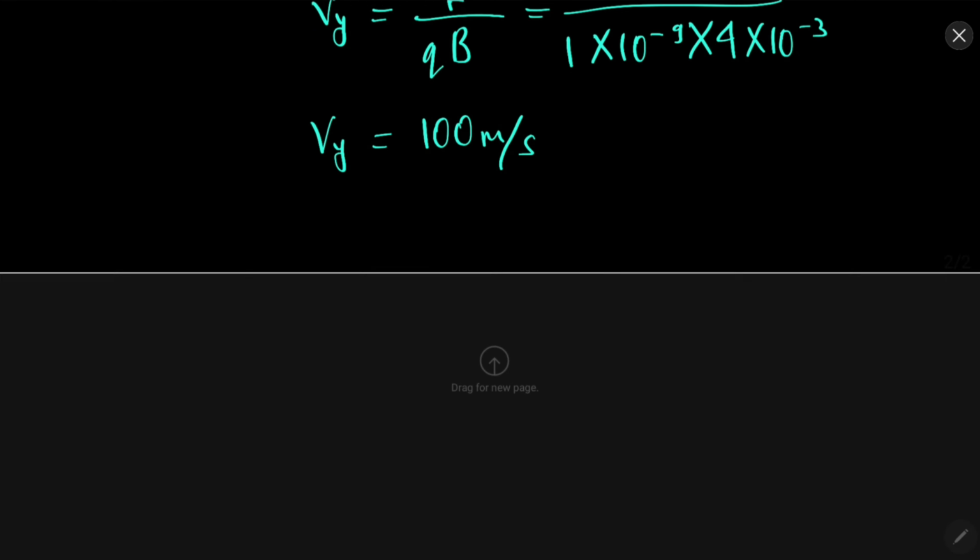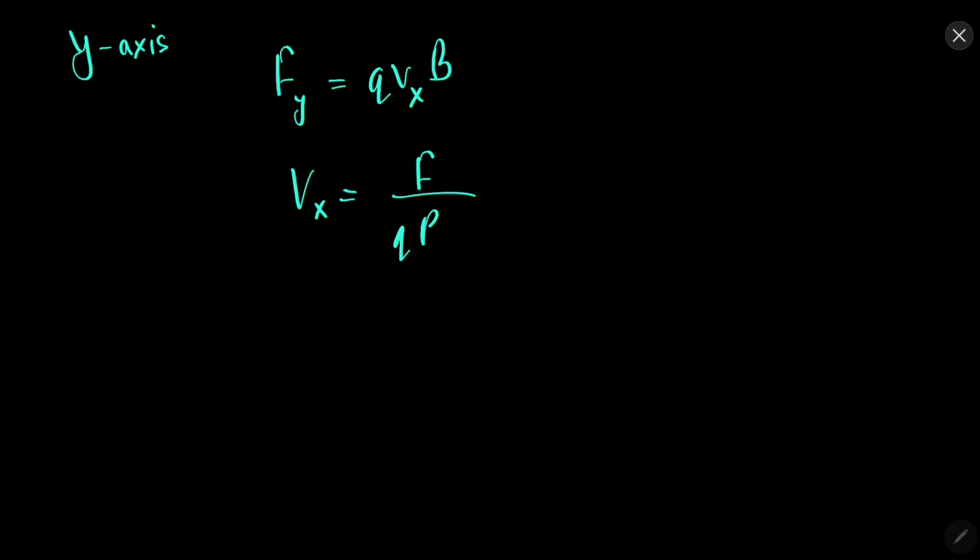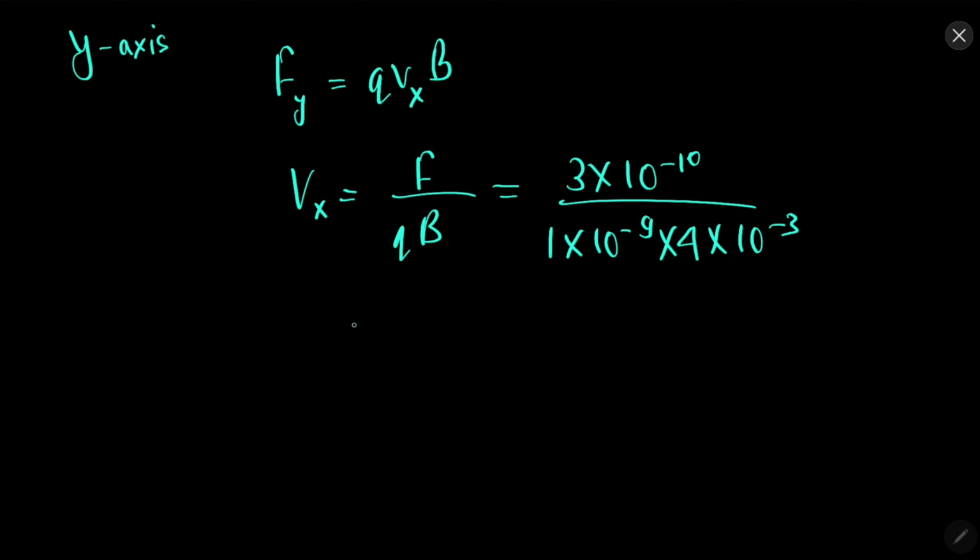And similarly for the y-axis, Fy will be q vx into B. So vx will be F over qB. After solving this you will get 75 meters per second.